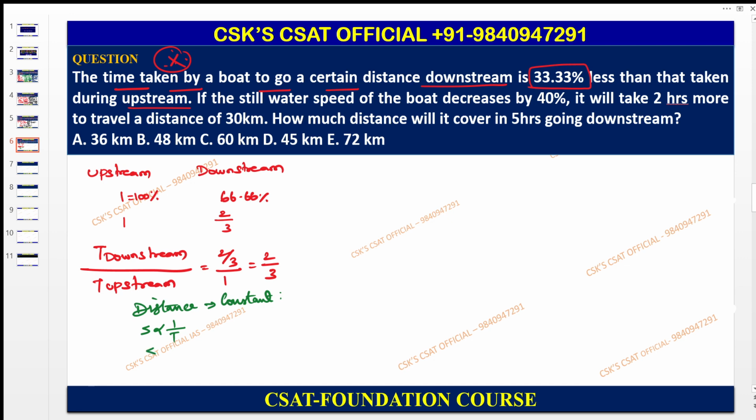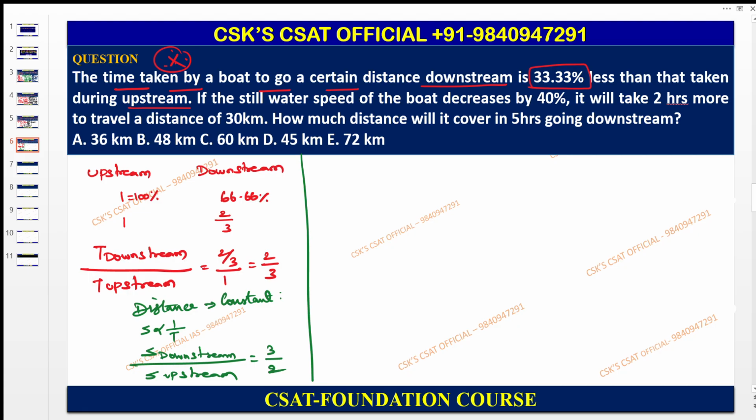Then the downstream speed by the upstream speed is equal to 3 by 2. First of all, try to understand: downstream means along the river.